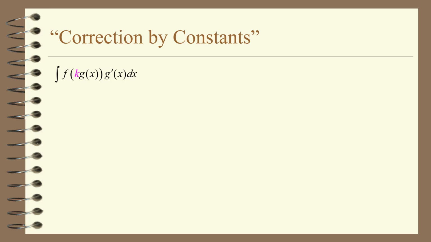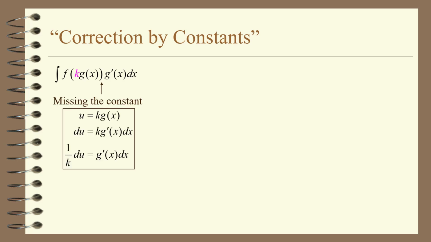So for example, if I wanted to find this particular antiderivative, I'd let u be k times g, then the derivative of u, or the differential in u, would be k times the derivative of g times dx. You then move the constant to the other side, you get 1 over k du is the derivative of g in terms of x times dx. Just by replacing things, I then get this new integral.